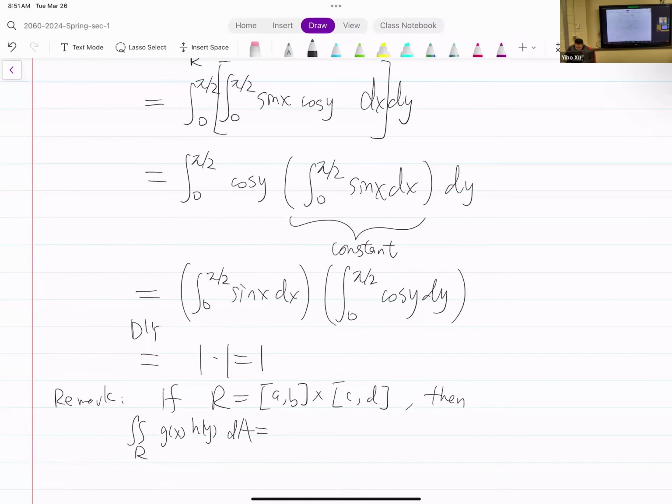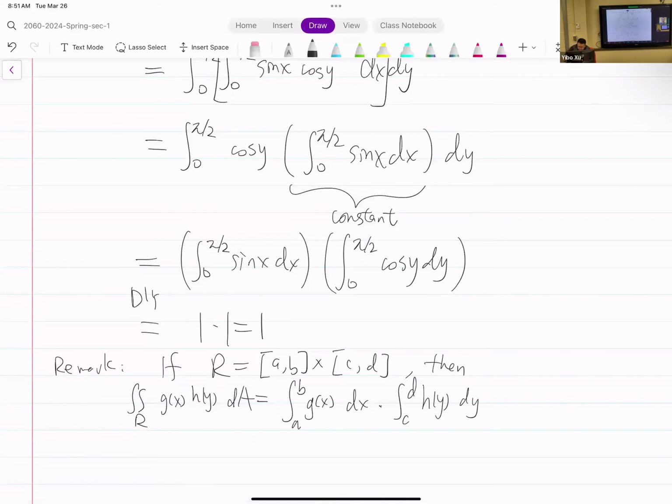You can accumulate g of x from A to B, multiplied by the integral where you accumulate h of y from C to D. That's actually a nice result.